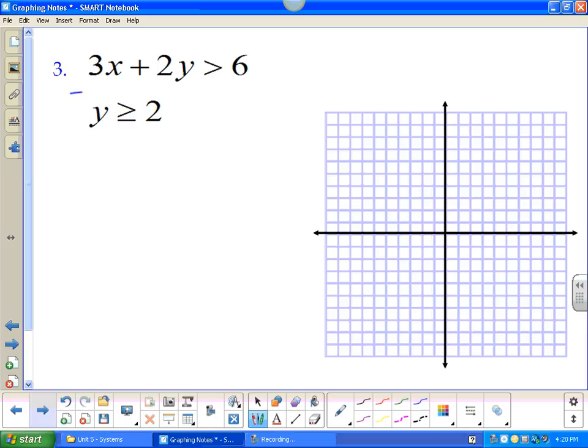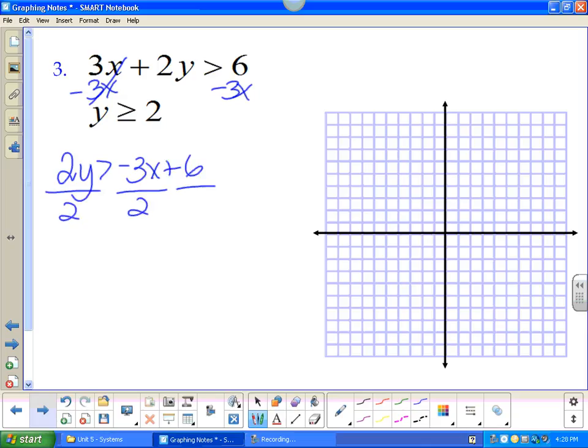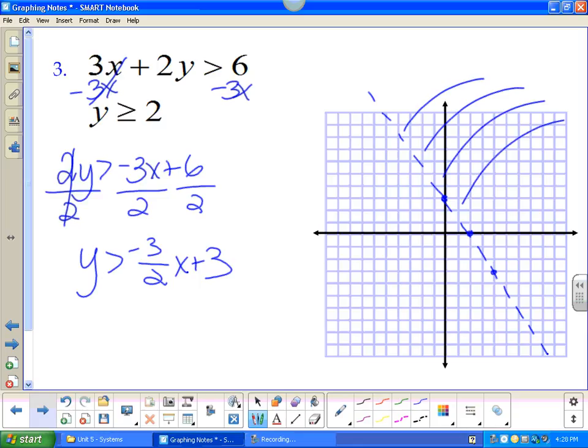Okay, for this one, I'm going to solve for y. Okay, so I'm going to go up 3, and then down 3, right 2, and dotted line, and greater than, so shade above.